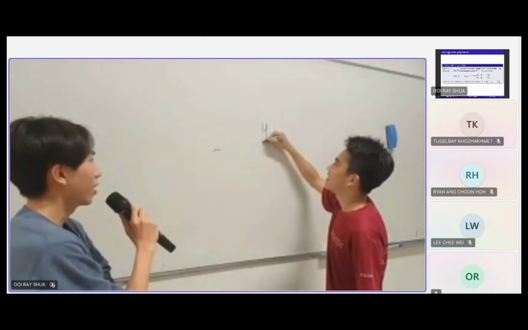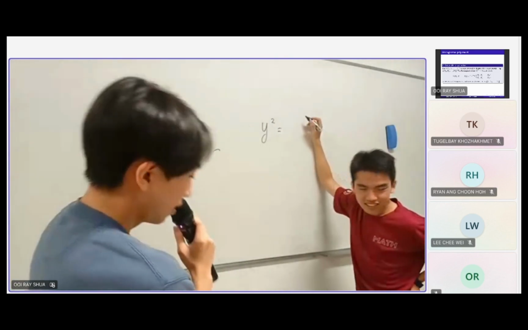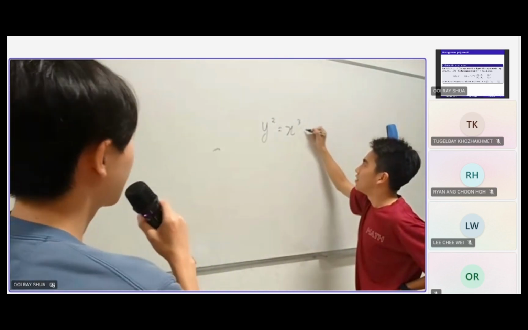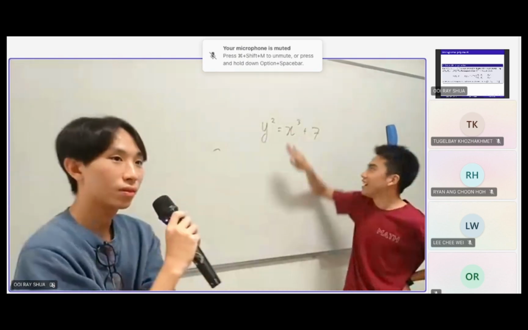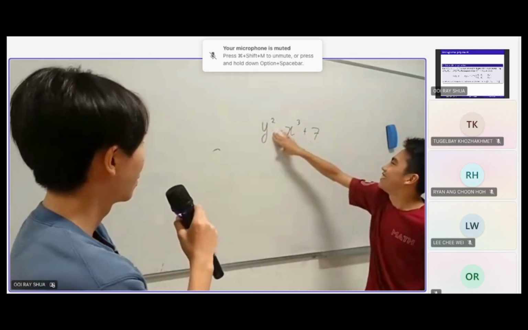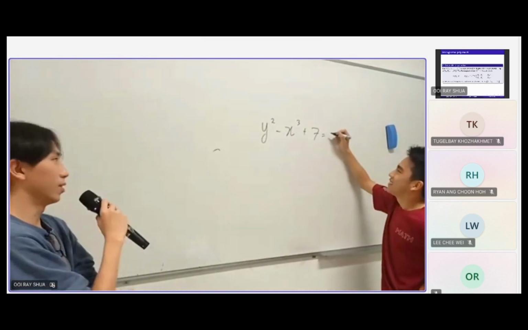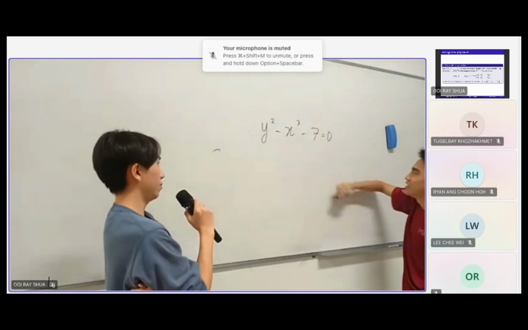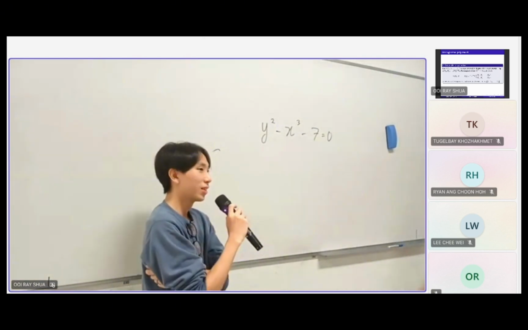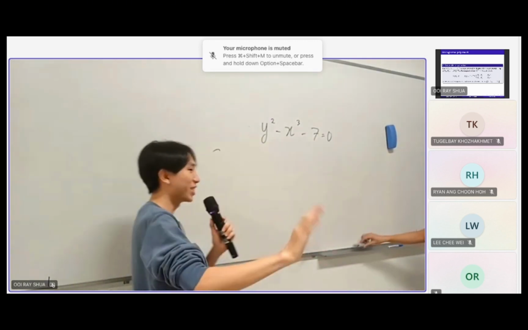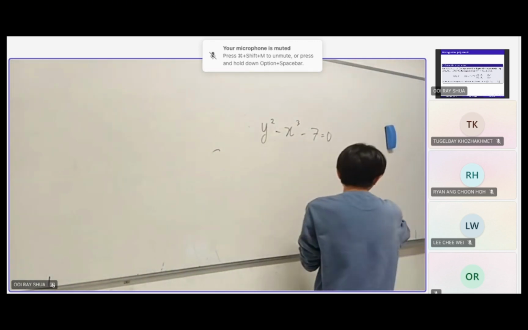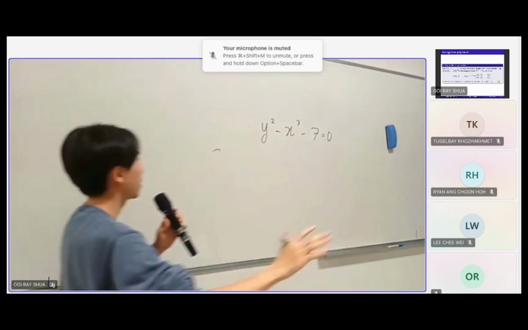So y squared equals x cubed plus 7, yeah. Okay, make this homogeneous. Just kidding.